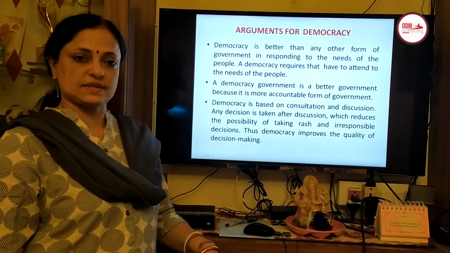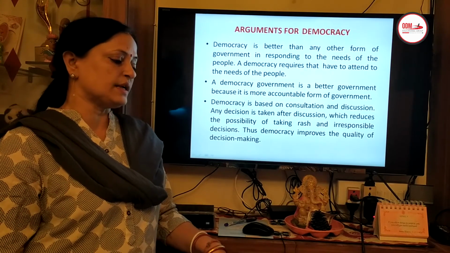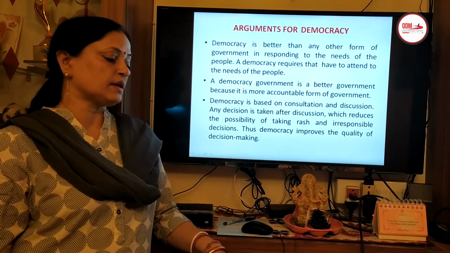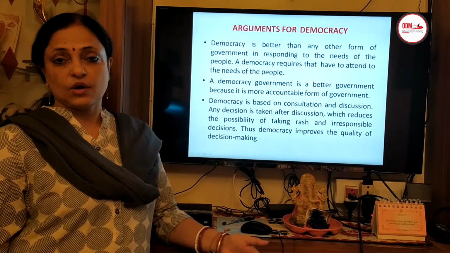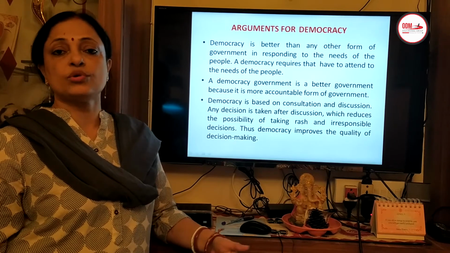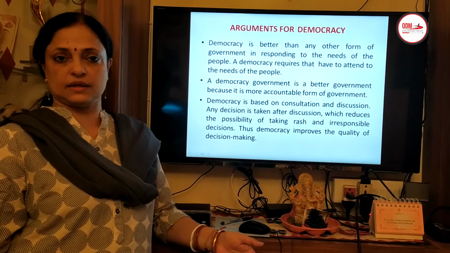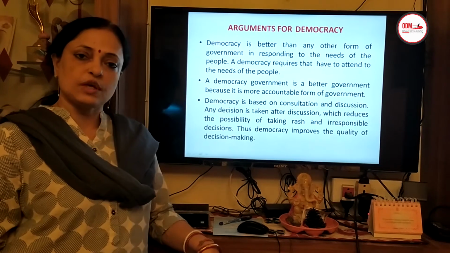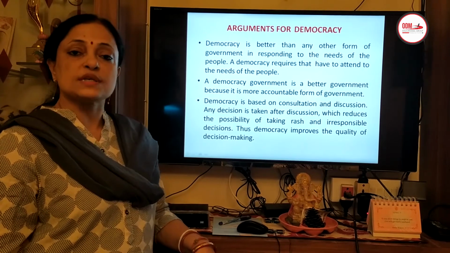So the first advantage: democracy is better than any other form of government in responding to the needs of the people, and democracy requires that the government attend to the needs of the people. Yes, because in democracy all the people elect their leaders according to their own choice, and when they elect the leader, the leader is also responsible and accountable to look after the needs and wishes of the people.